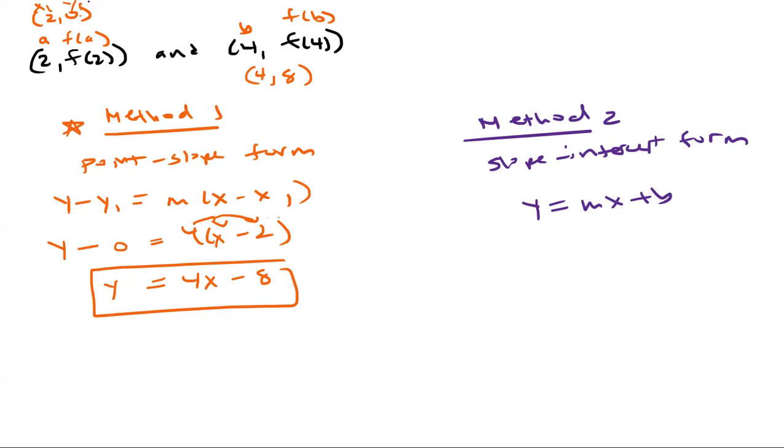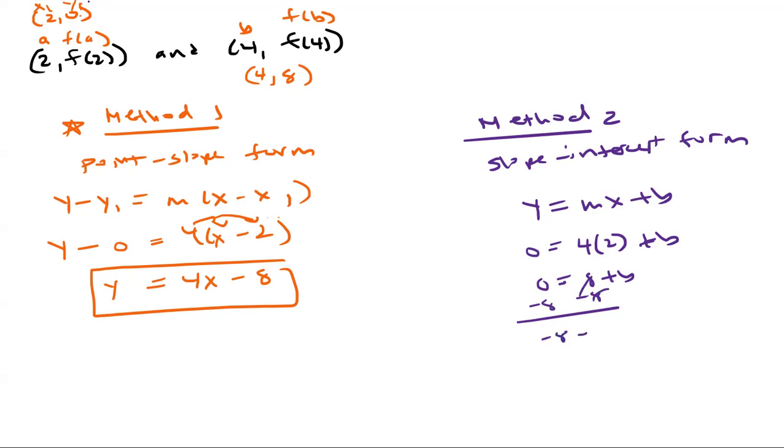So I have y is 0, I have m was 4, that's what we figured out, and then x is 2, plus b. So we got 0, and then 4 times 2 is 8 plus b. So minus 8 minus 8, that goes away.